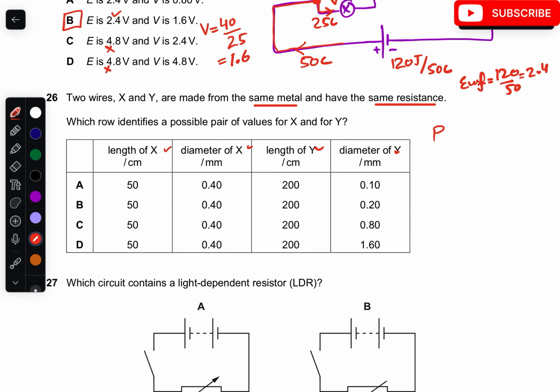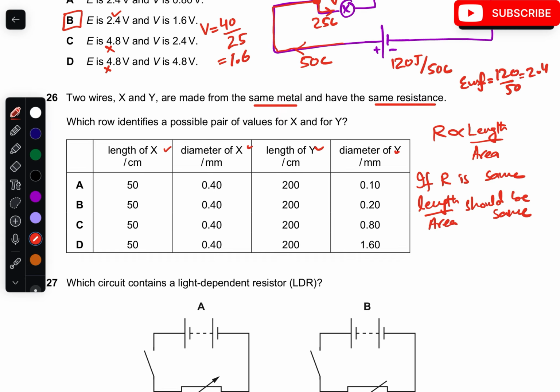We know resistance is directly proportional to the length and inversely proportional to the area. So if R is the same, length over area should be the same. The ratios should be the same.